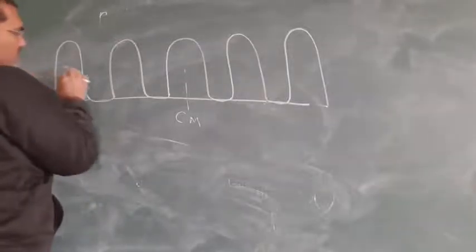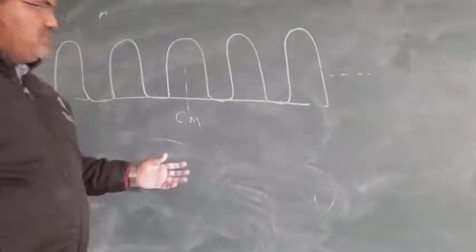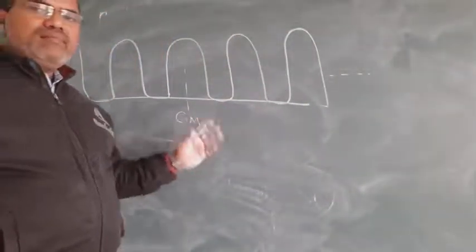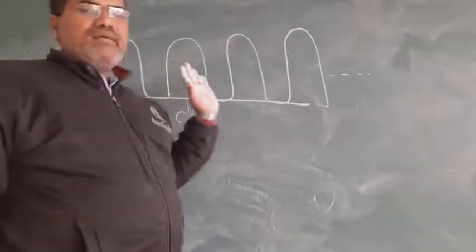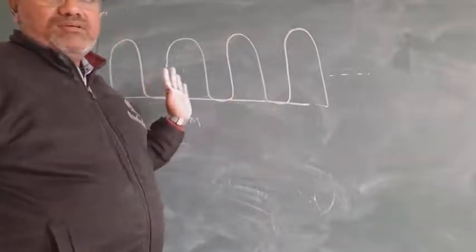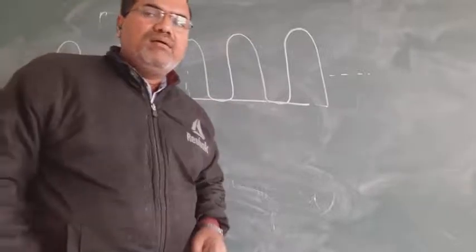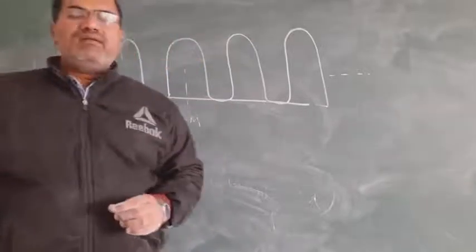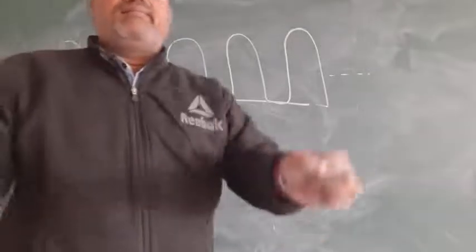On both the sides you will get maximas and minimas in alternate manner. And remember that the intensity of central maxima is the same as the secondary maximas. So in YDSE intensity will be the same, but in diffraction pattern it will differ. Intensity will decrease.